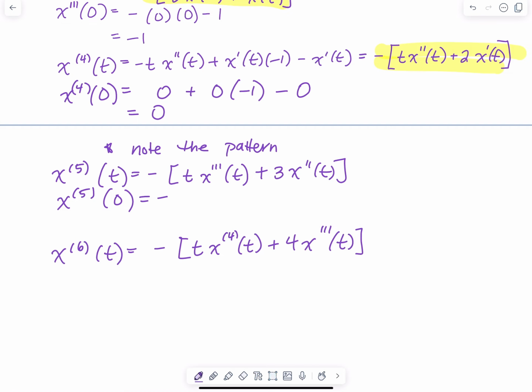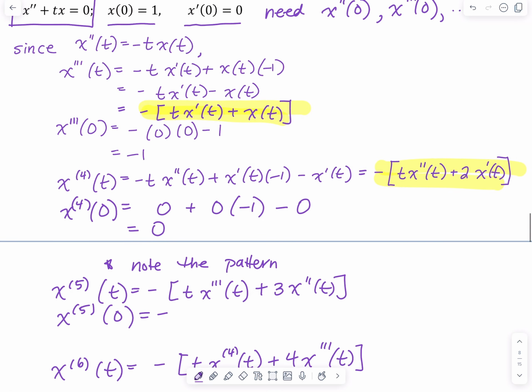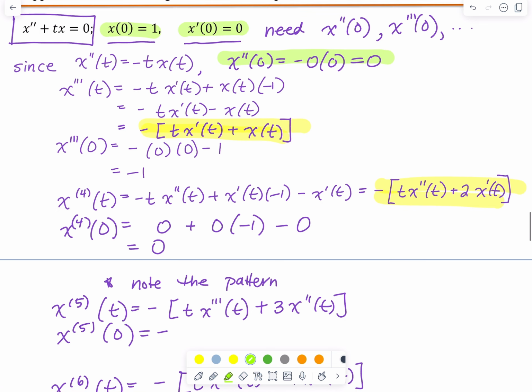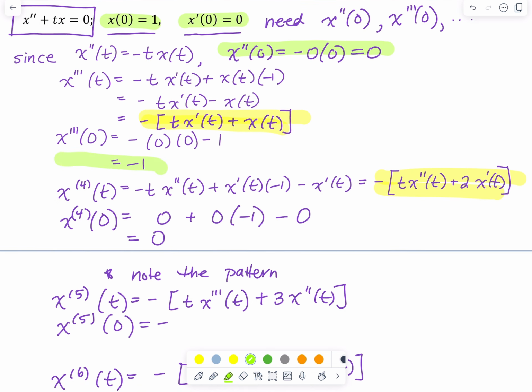So that fifth derivative evaluated at 0, I did forget to put this here, that the second derivative evaluated at 0 is going to be 0. And of course, that's because we have the opposite of 0 times 0, and that's equal to 0. Okay, so I should really put these derivatives. There's the second derivative evaluated at 0, the first, the function value at 0. Here's our third derivative evaluated at 0.